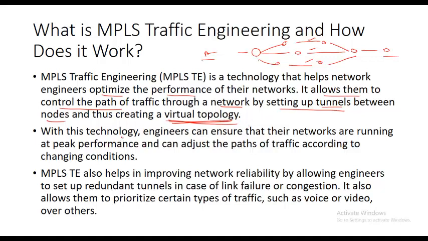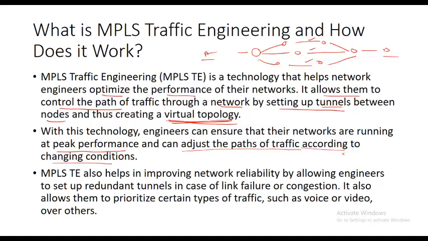So with this traffic engineering technology, engineers can ensure that their networks are running at peak performance. I was talking about full utilization of all the resources, the maximum you can get out of your topology. And not only that, you can adjust the path of the traffic according to the changing conditions.